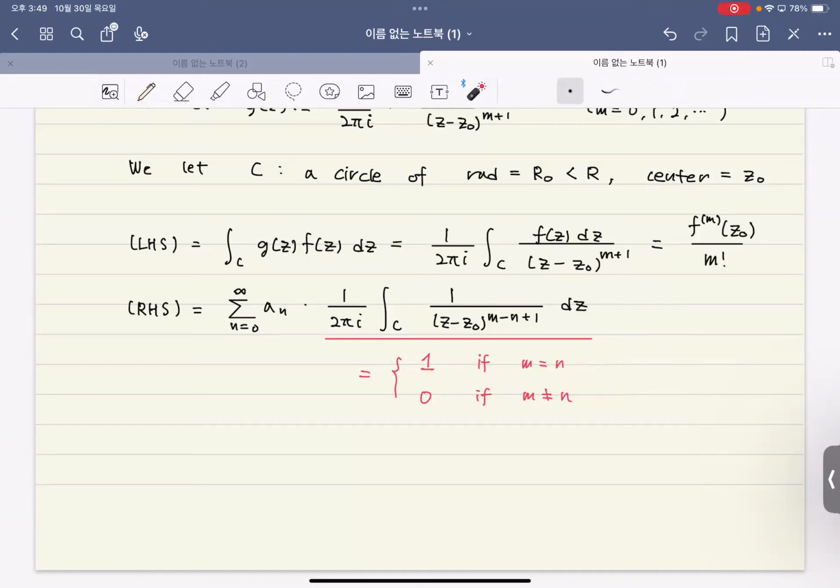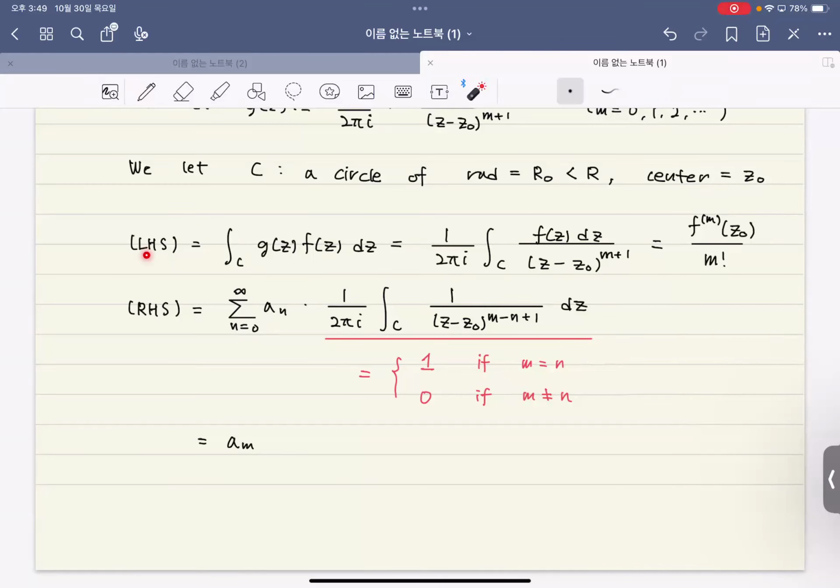So a very happy thing happens. For this summation, almost every term equals 0, but there's only one exception. So the only one that survives out of this summation is a_m, right?